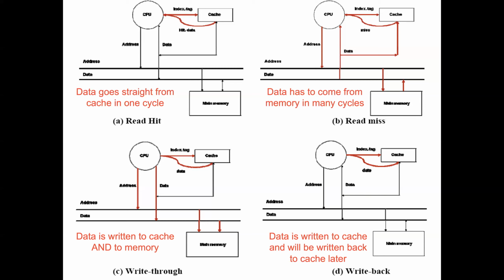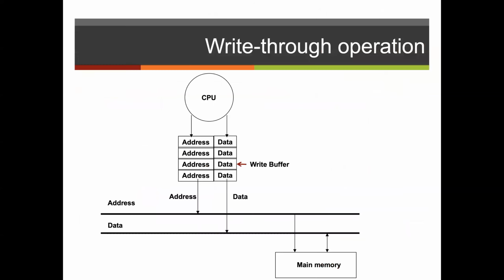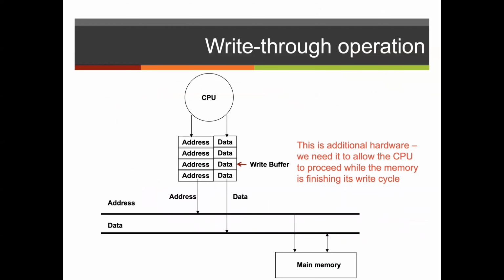You also want to consider how a write-through operation occurs. With the write-through, we have to wait for the memory write to complete, so we need to add an additional component to allow the CPU to proceed while the memory is finishing that write cycle. The write-through operation is going to contain an appropriate buffer.